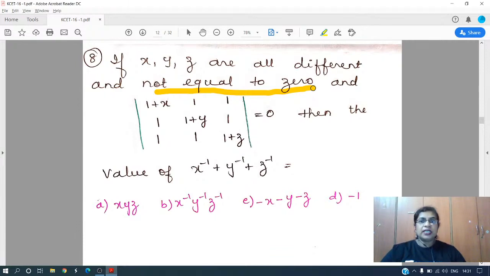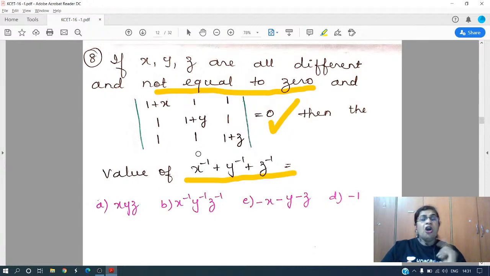Then the question is, find the value of the determinant. The determinant of 1 plus x, 1, 1, 1, 1 plus y, 1, 1, 1, 1 plus z is given to me as 0. Then I need to find the value of x to the power minus 1.